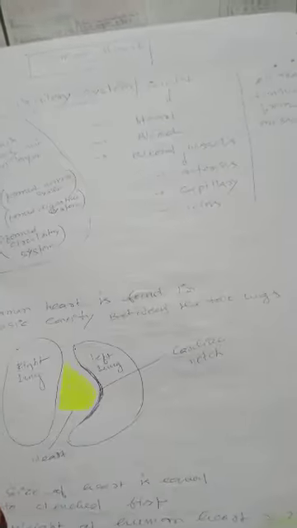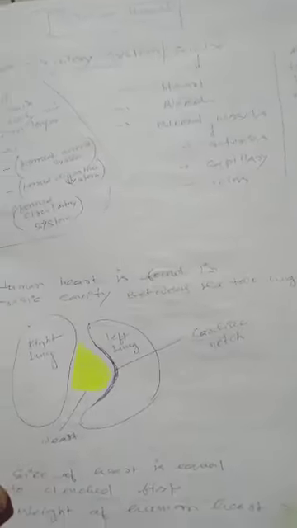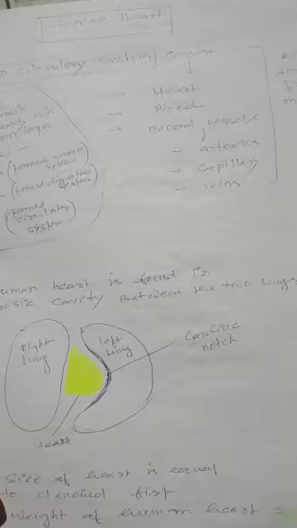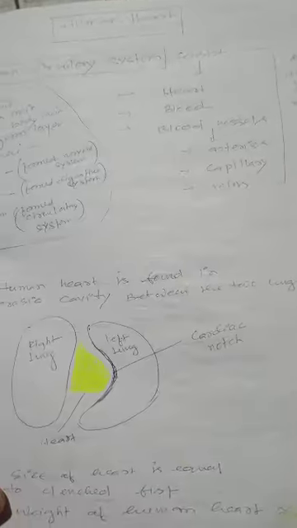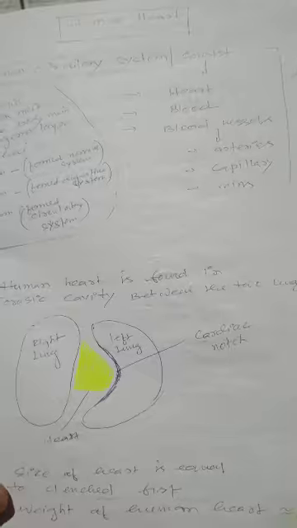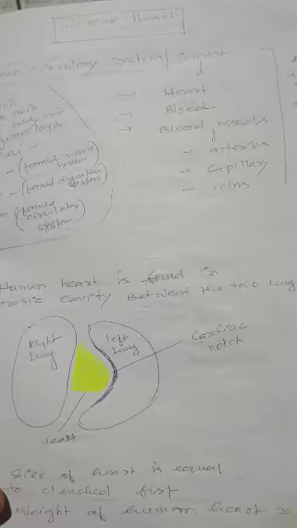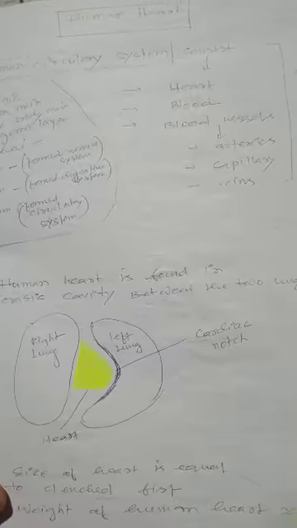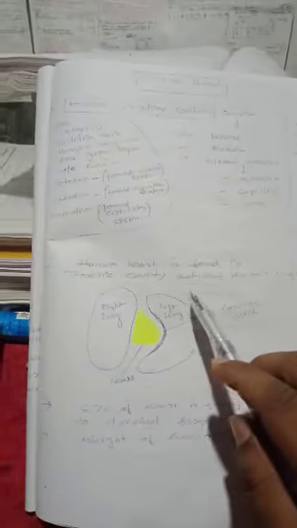Human circulatory system consists of heart, blood and blood vessels: arteries, capillaries and veins. All are derived from mesoderm. Human heart is found in the thoracic cavity between two lungs.